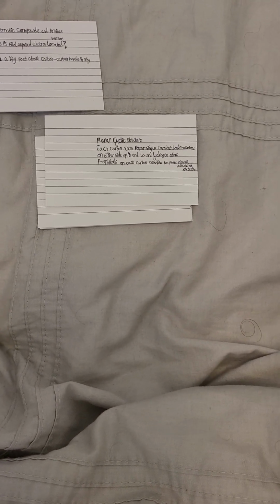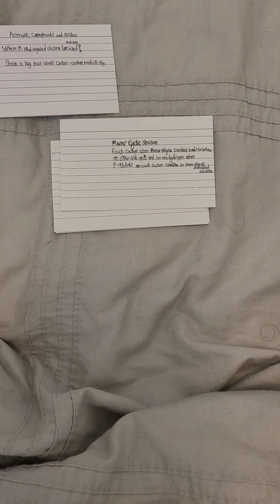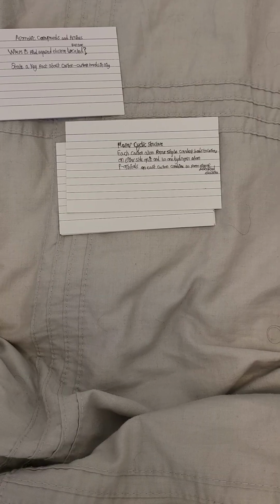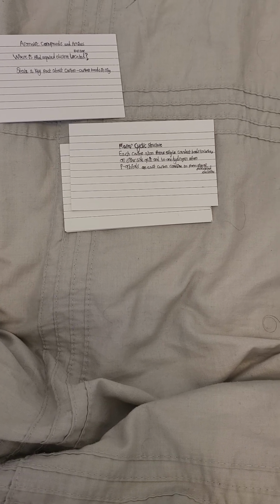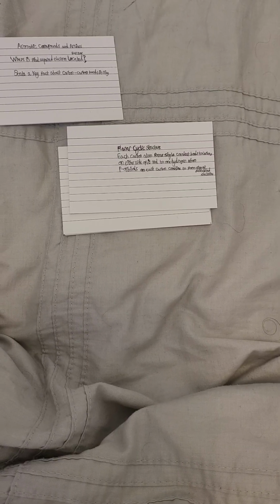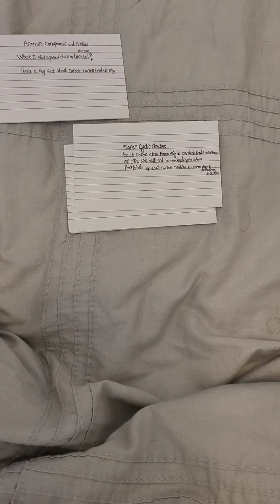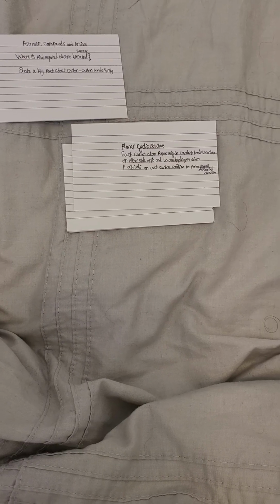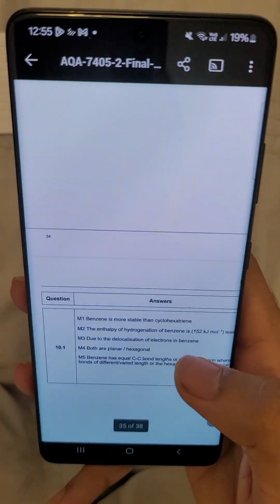It's the 2024 paper 2, obviously. So yeah, literally, these are the points they want.